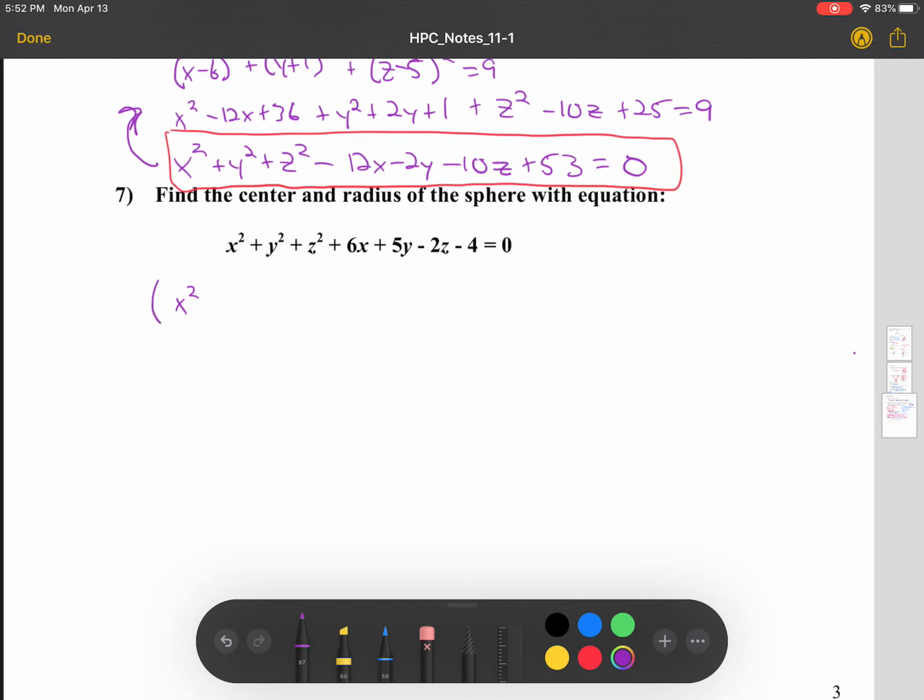So we're going to have our x squared, and I'll put these in parentheses so it hopefully helps you visualize it better. We're going to have our x squared plus 6x plus a blank. Plus, let's change up the color, our y squared plus our 5y plus a blank.